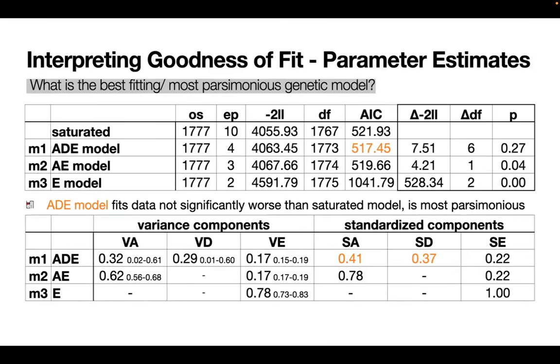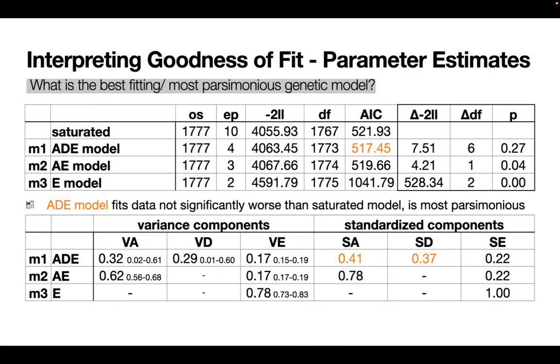You see that we have included the unstandardized variance components with their confidence intervals. And on the right-hand side, we have divided each of the variance components by the total variance to give us the standardized components.